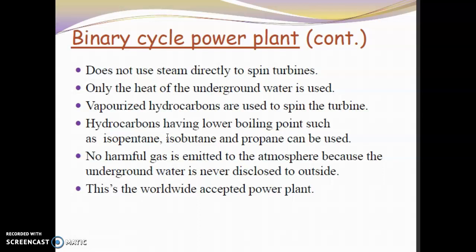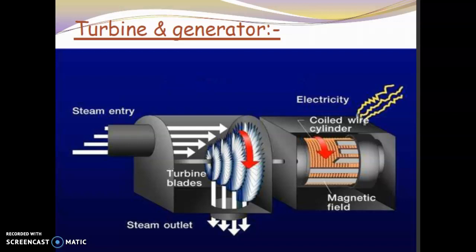The heat of the underground water is used, and vaporized hydrocarbons with lower boiling points, such as isopentane, isobutane and propane, spin the turbine. No harmful gases are emitted to the atmosphere. It is a worldwide acceptable power plant. Here we see the turbine and generator, steam outlet, turbine blades, and the coiled wire cylinder that produces the electricity.